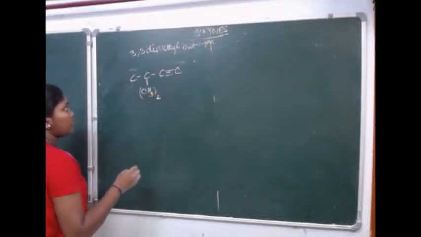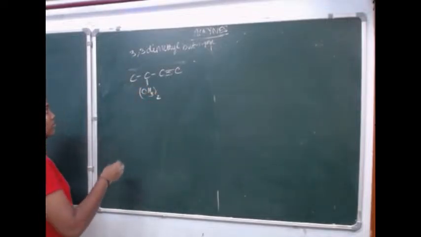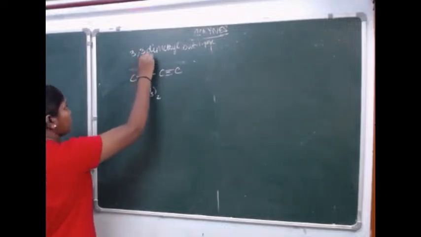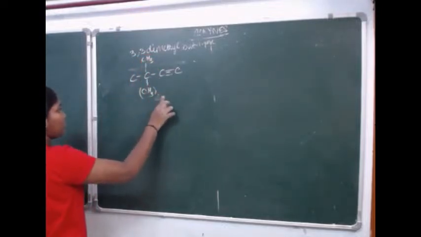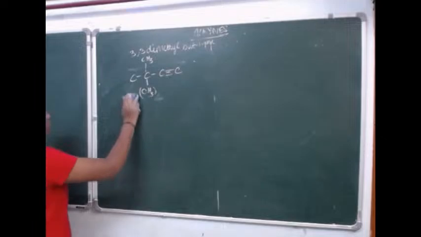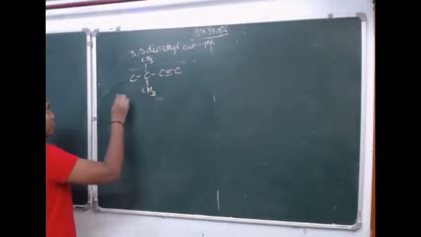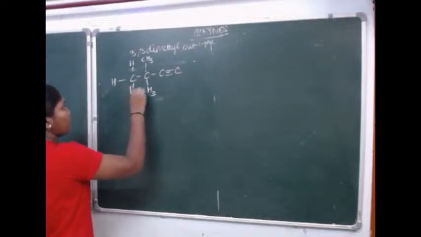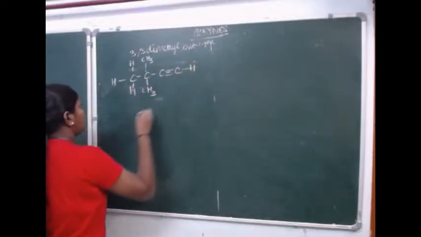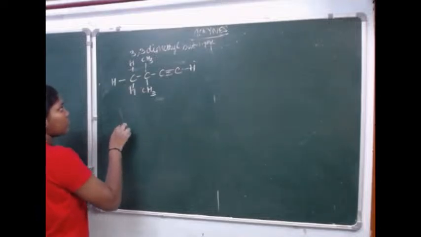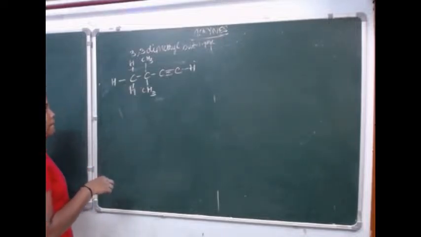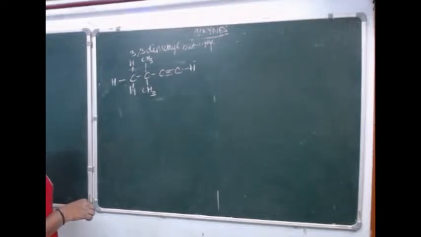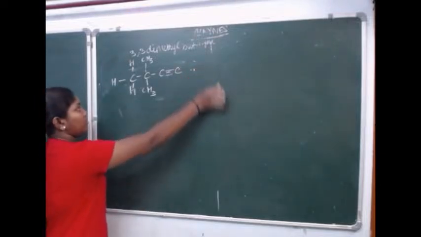You have to write CH3 on both sides, top and bottom. Remove that. Remove the bracket. You understand? Now fill up with the hydrogen. Now, is there any confusion for you to identify the position of the triple bond? It is clearly given it is 1, but you have put it in the second position. Don't do that. Do you understand?